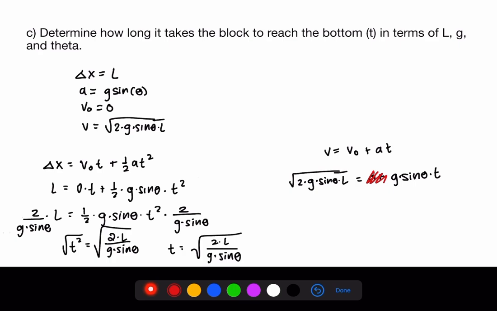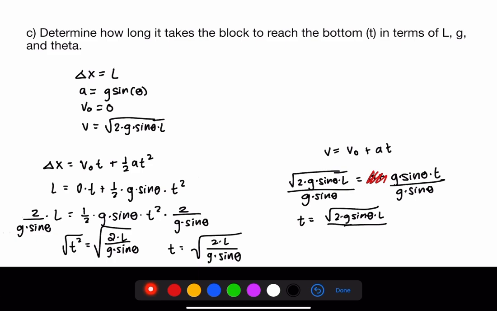We can ignore the 0 plus and just divide both sides by g times sine theta and get that t equals the square root of 2 times g times sine theta times L all over g times sine theta.